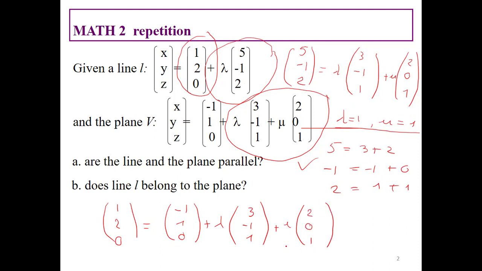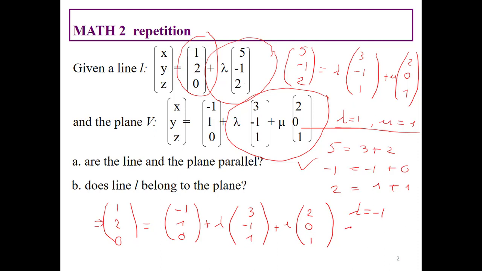Now let's look at it. If I look at the y coordinate, we see that 2 equals 1 plus lambda times -1. So if we choose lambda as -1, then we have this 2 in order. Let's look at the other ones.